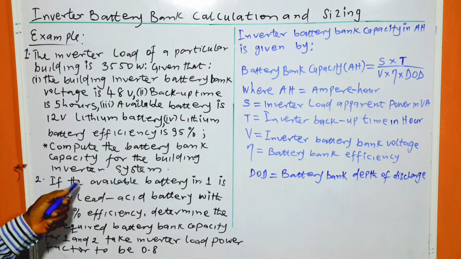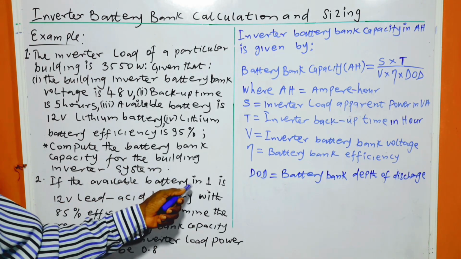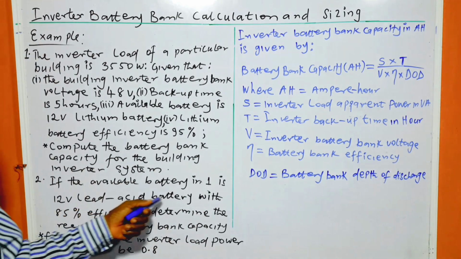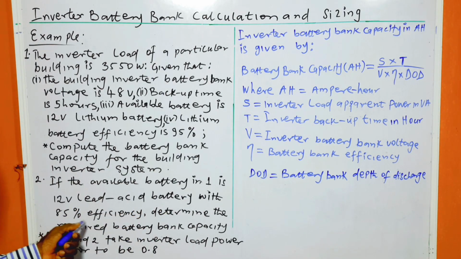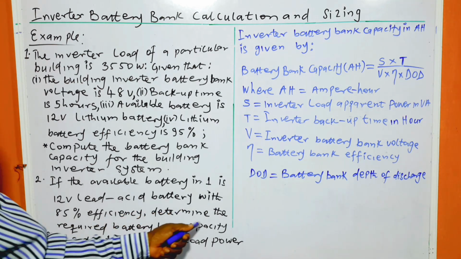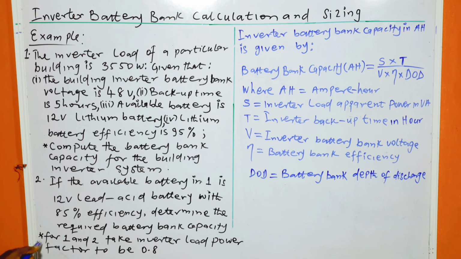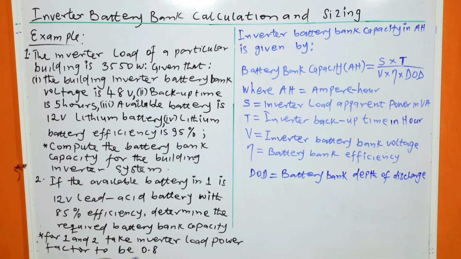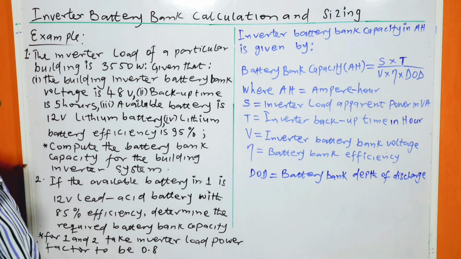Then 2, if the available battery in 1 is a 12 volt lead acid battery with 85% efficiency, determine the required battery bank capacity. The question also says that for questions 1 and 2, take the inverter load power factor to be 0.8.